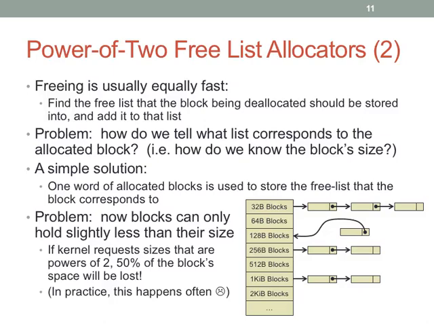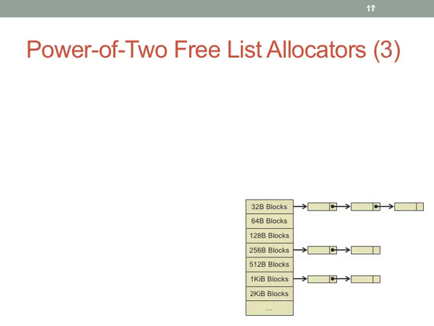Okay? And so like I say here, 50% of the block space would be lost. And there's research showing that in these kinds of power of 2 memory allocators, they lose a ton of space based on this behavior of programmers, which is to generally allocate power of 2 sizes. Okay? So that's bad. We don't like that at all.